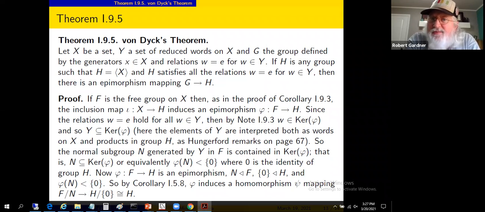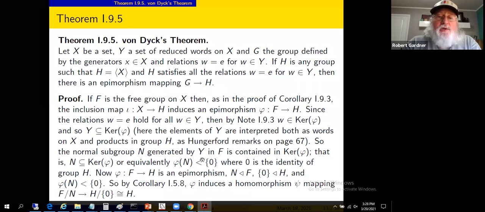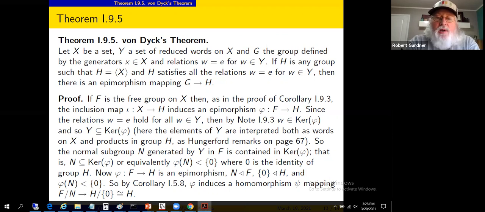It contains reduced words, which ultimately we interpret as products reduced in a particular way. So if we look at the normal subgroup N generated by Y in F, we have first that Y is a collection of reduced words. So indeed, it's a subset of the free group.